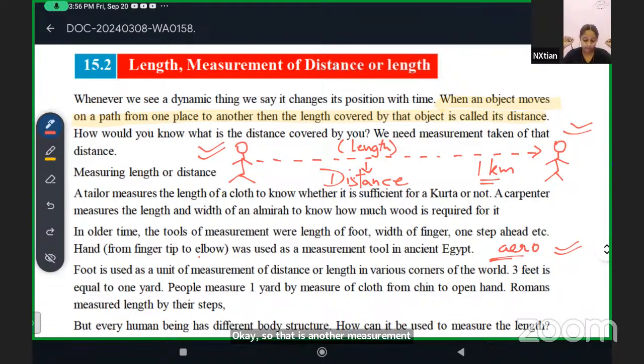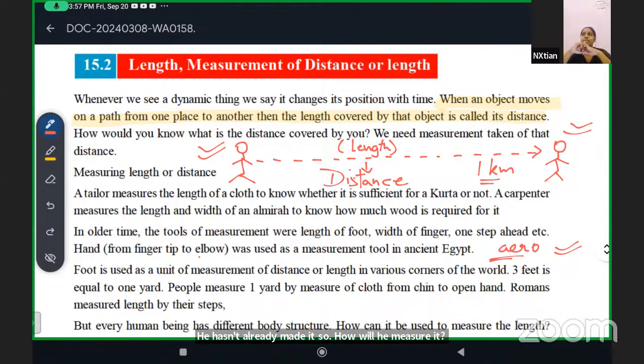A carpenter measures the length and width of an almirah to know how much wood is required for it. But how does he measure it, if he hasn't already made it?